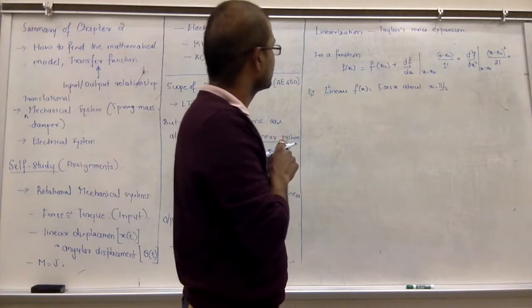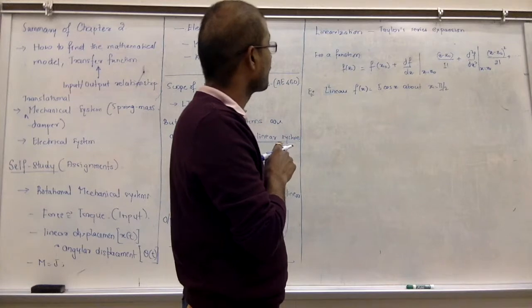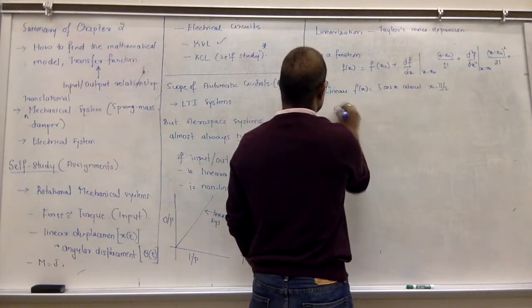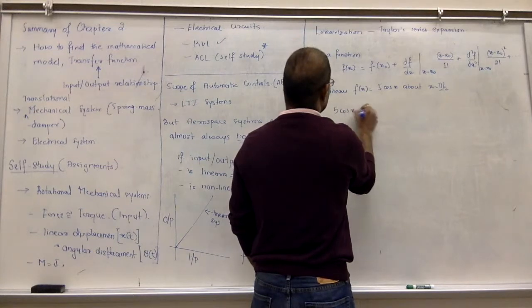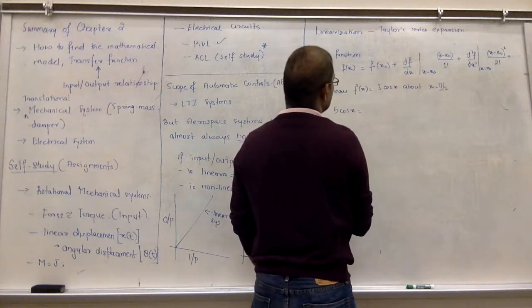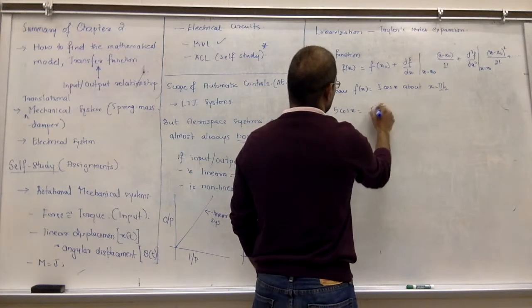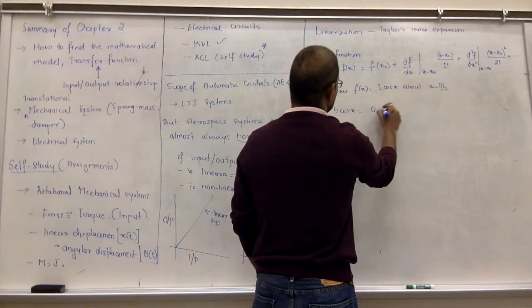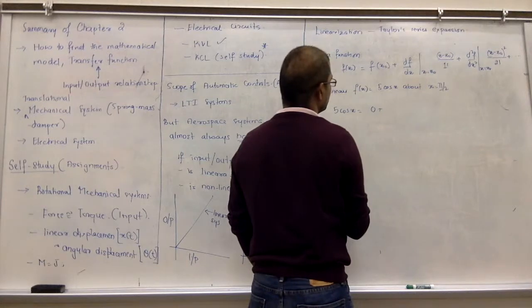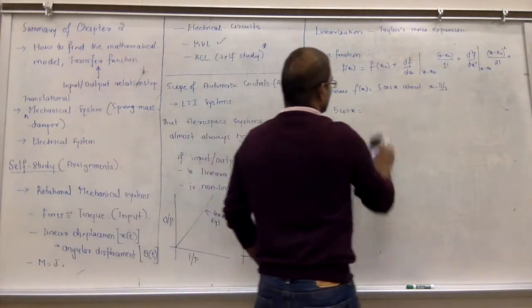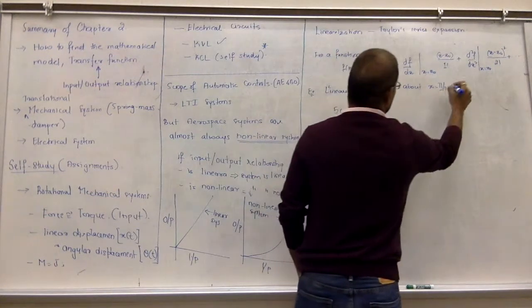So how do you do this? You can say 5 cosine x is equal to... We do this around x naught.